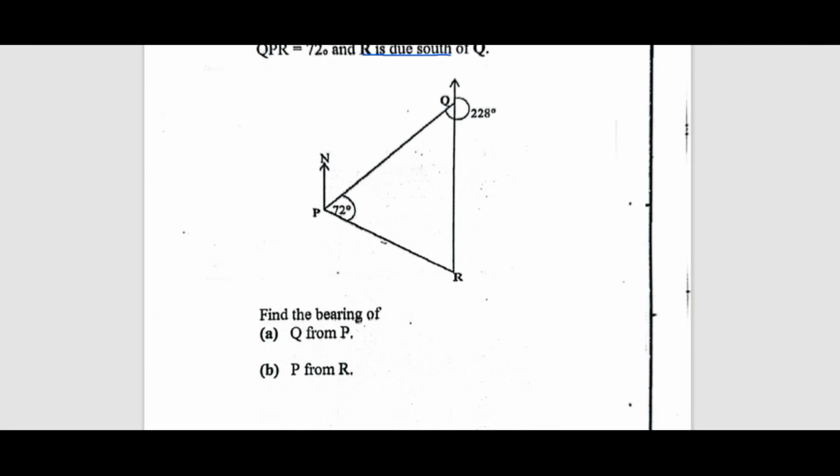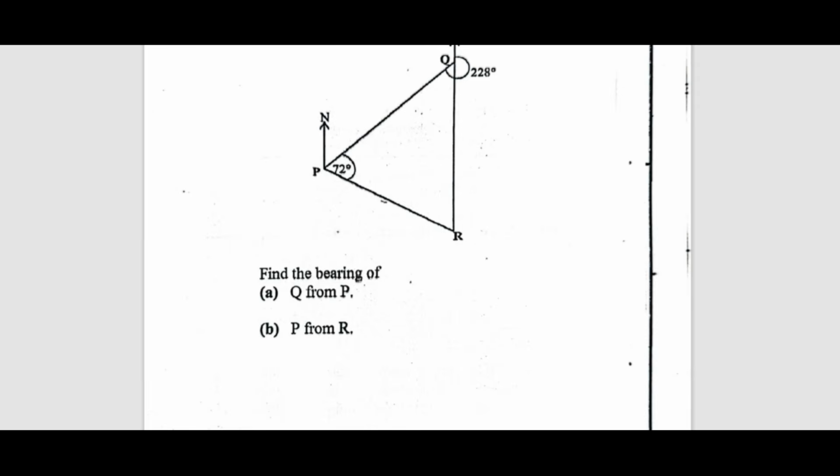Okay, so the first thing, we need to extend these lines. What you have to know is these lines are parallel to each other. First we can find the angle here. We know that this straight line is equal to 180.